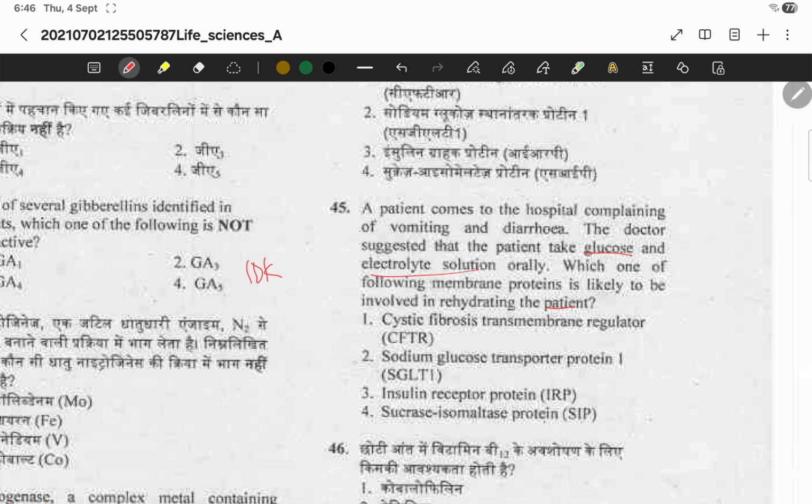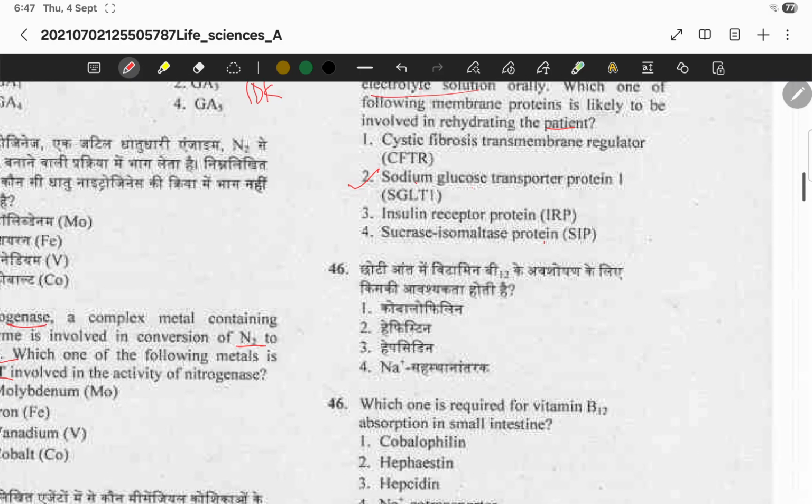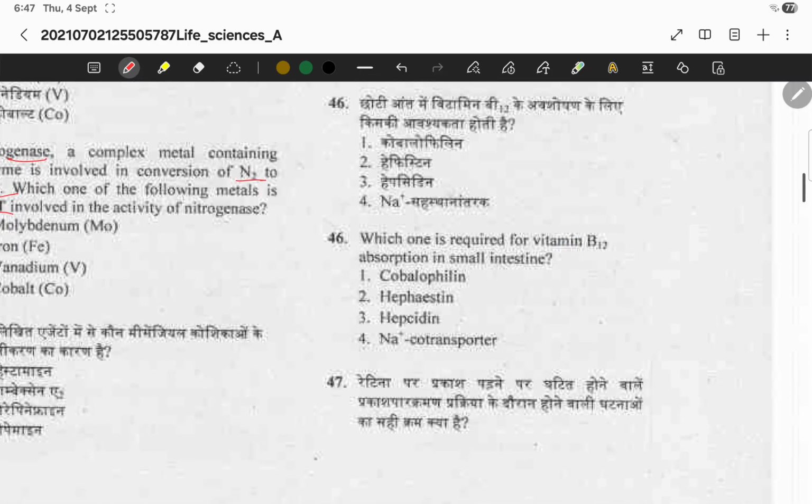I'll go for sodium glucose transporter because the electrolytes and glucose are here. Why cystic fibrosis? Why insulin?